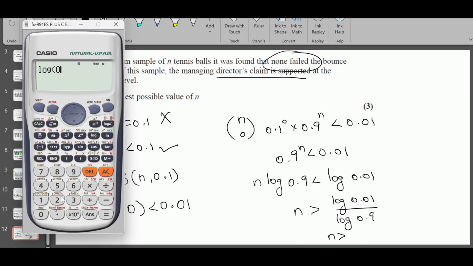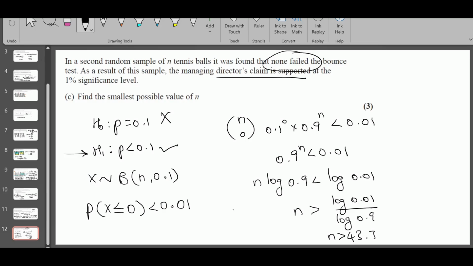So n is greater than log 0.01 over log 0.9, you get 43.7 dot dot dot. Therefore, take the next integer, 44 is the answer. So in this sample, that means they have taken 44 balls actually. That's all.